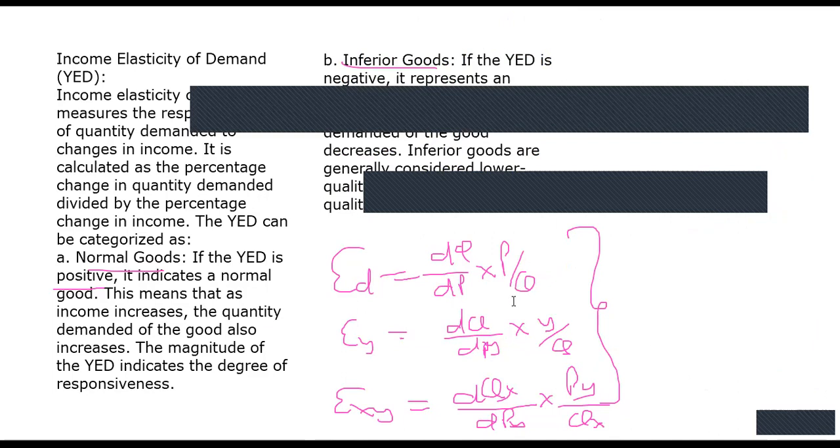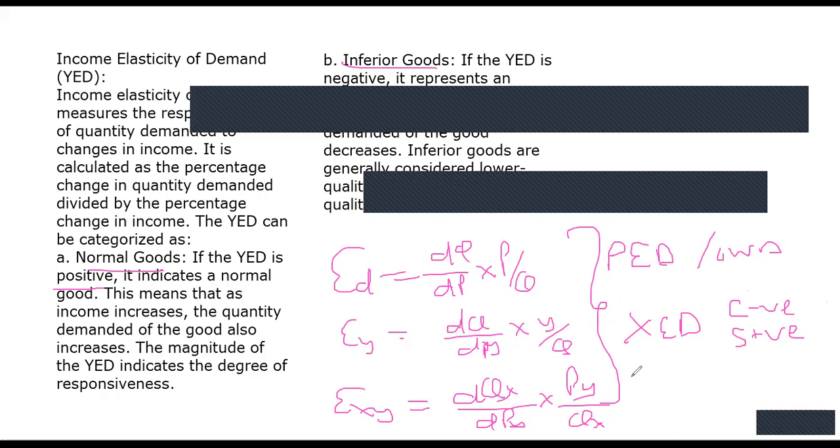Price elasticity of demand is the same as own price elasticity. It's one and the same thing. Cross price elasticity is where you're crossing from one good to the other. Here, if you get a negative, it is a complement. Negative elasticity is a complement. Positive is a substitute good.